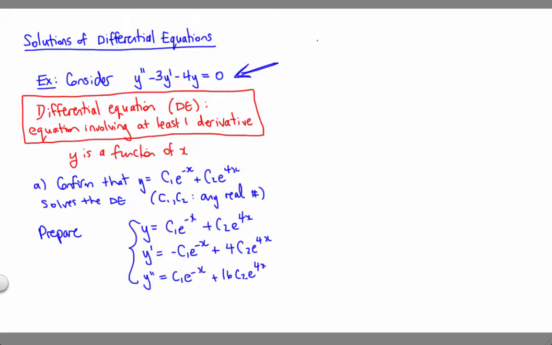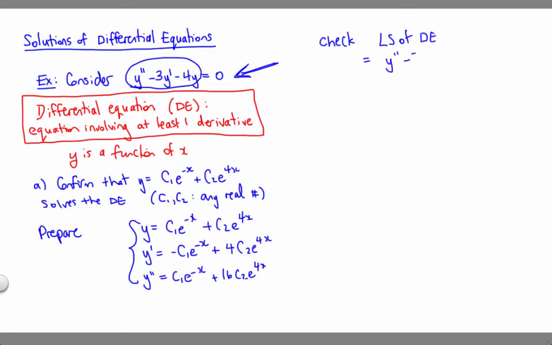Okay. So now we're going to plug these ingredients into the DE, and we're going to check that they satisfy the DE. So the way we're going to do that is we're going to compare the left side of the DE to the right side of the DE. Good general rule here is that you want to start with the more complicated side of the DE. In this case, the left side is definitely more complicated, so we'll start with that.